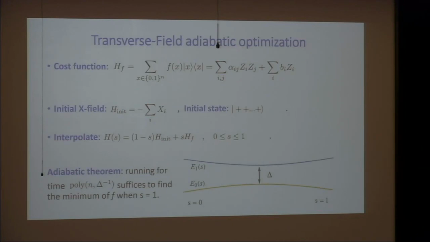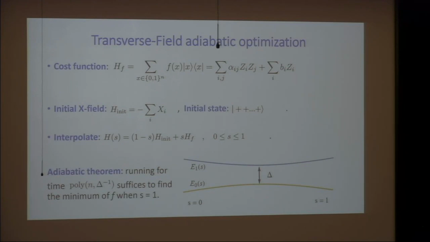So I'll start by explaining the original and simplest proposal for adiabatic optimization, called transverse-field adiabatic optimization. The idea is that we have some cost function f that is diagonal in the computational basis, and we embed it into a Hamiltonian that's diagonal in the computational basis.